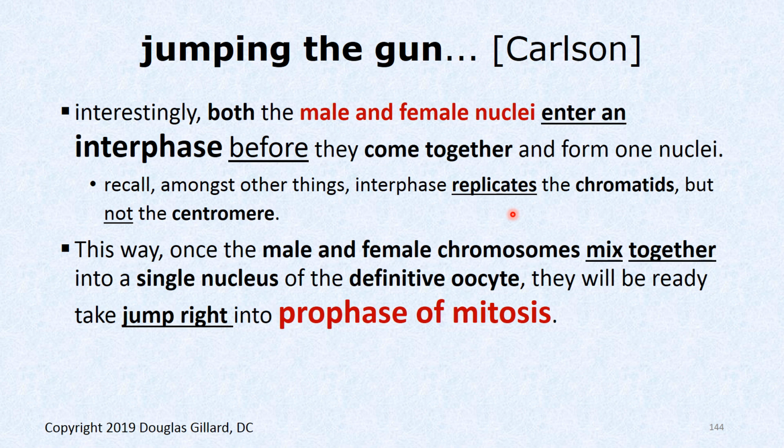So, jumping the gun, this is very strange. Interestingly, as already said, the male and the female nuclei, which have gone through meiosis 2, there's no meiosis 3, right? They're done. But for whatever reason, they start replicating their genetic material again by themselves. They're not bound together yet. They're separated, which is almost like they're starting a meiosis 3, I guess, because they're 1N.